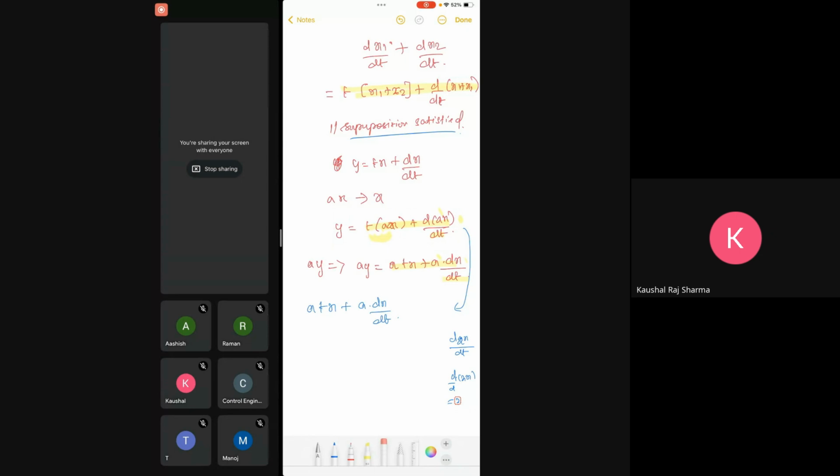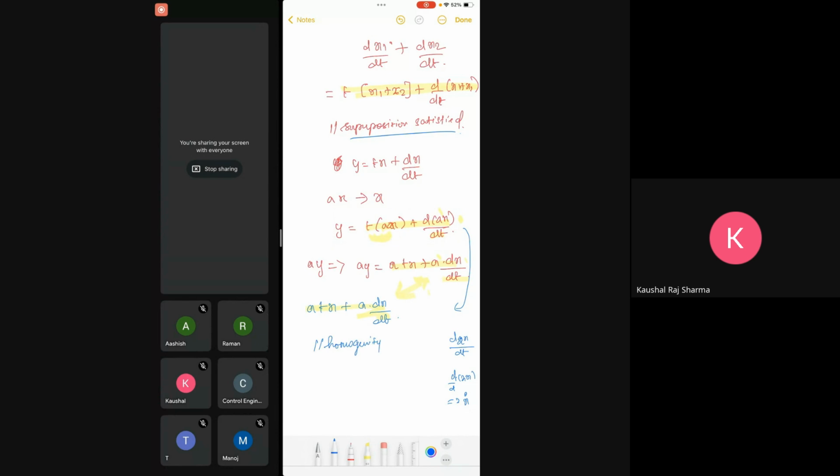Correct? It's not being differentiated with the x, so it might come like this. Right? So now homogeneity is satisfied.